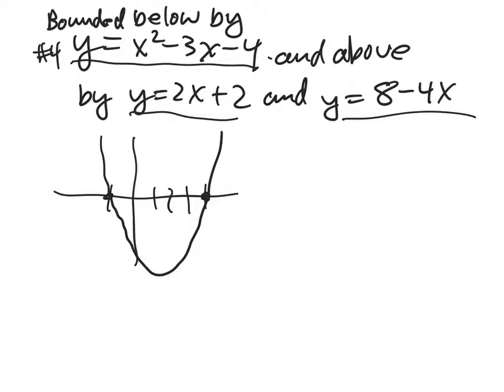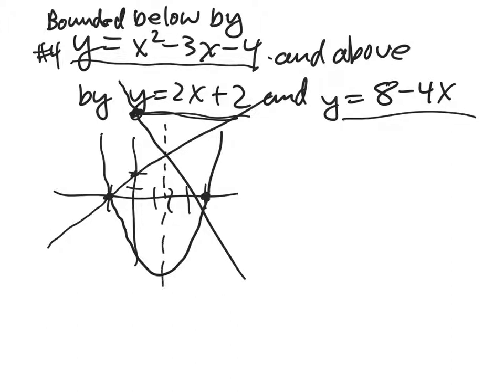Y equals 2x plus 2, and then 8 minus 4x, 8 will be way up here, and so I'm way off on the graph, but just to give you an idea of what points we need to find, the limits this time, well, it's going to be split into two parts.